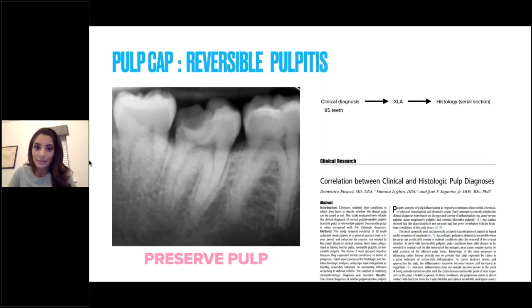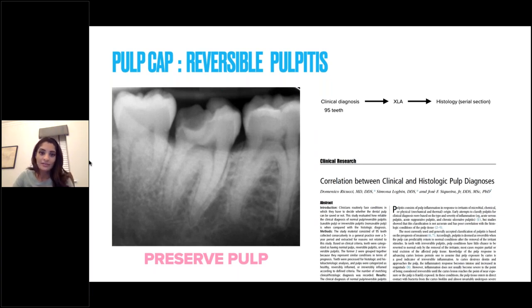So this is an interesting paper, because it's always curious if a patient comes to you with symptoms of reversible pulpitis, is that a true representation of what's happening in the pulp? This paper was by Ricucci et al. in 2014, and they took 95 teeth, from different patients, and asked the patients what symptoms they were getting.